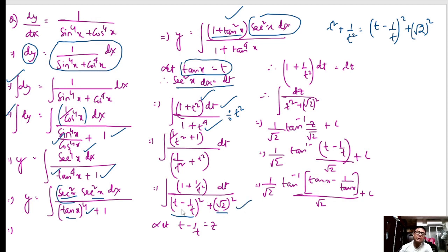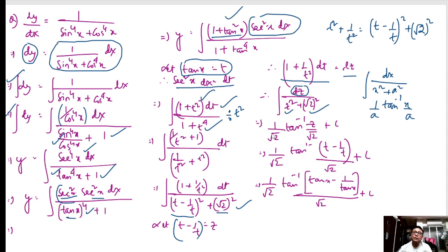Now let us take t minus 1 by t as z. So this becomes 1 plus 1 by t square dt is dz. So the upper part becomes dz and the lower part becomes z square plus root 2 square, and please note, integration of this is 1 by a tan inverse x by a.